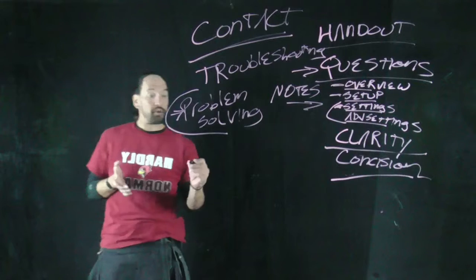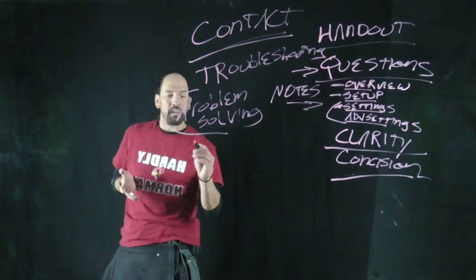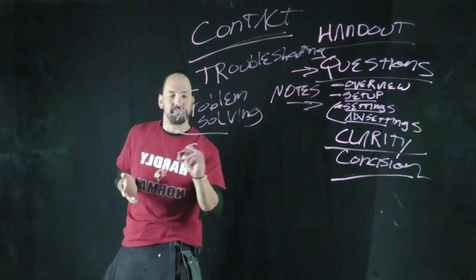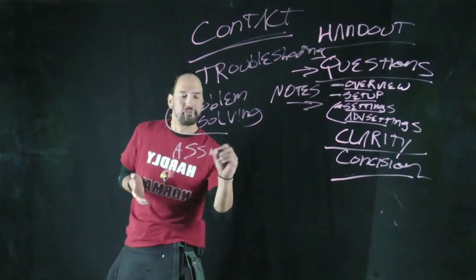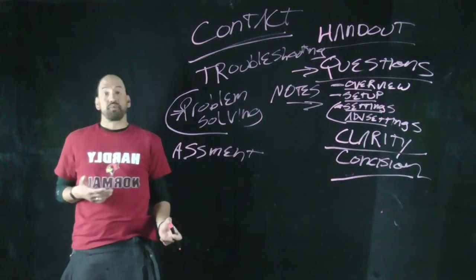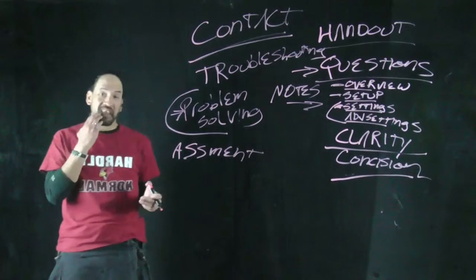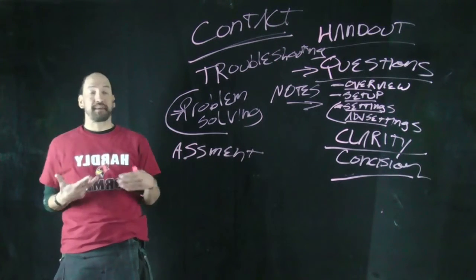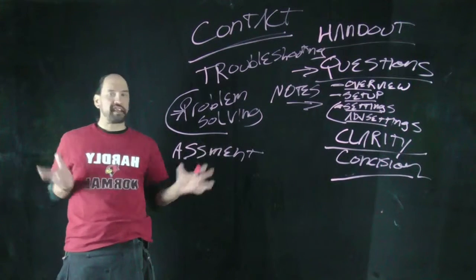Now, the other thing that I do have is assessment. We have a questionnaire and a survey that everybody who comes in to participate, I encourage them to fill out. Strictly anonymous.